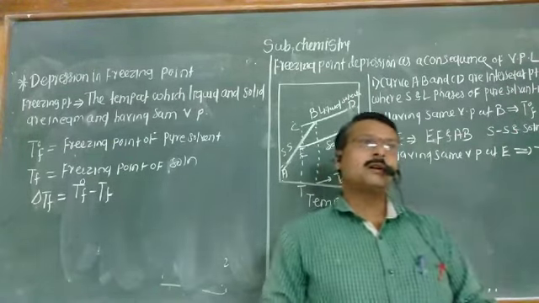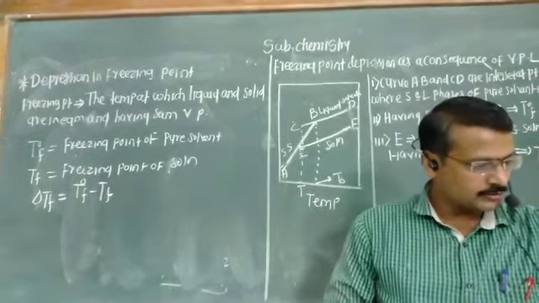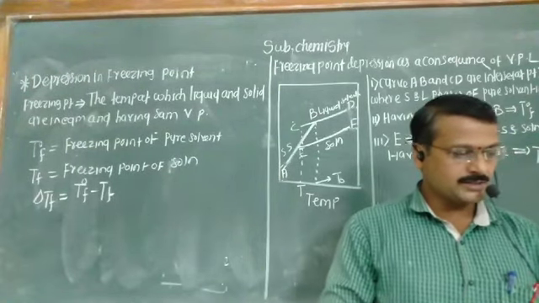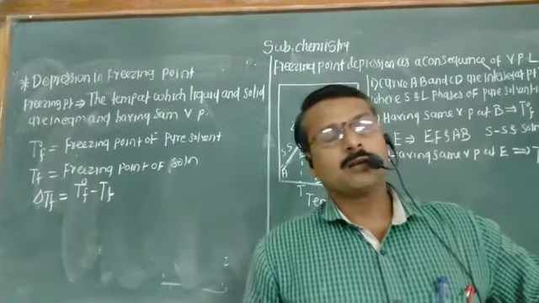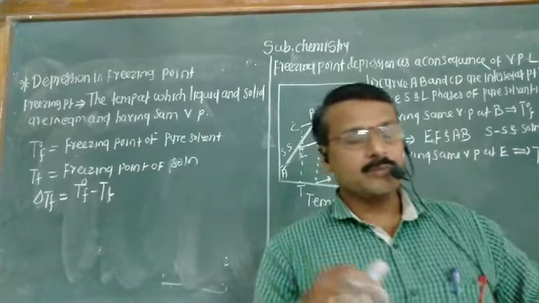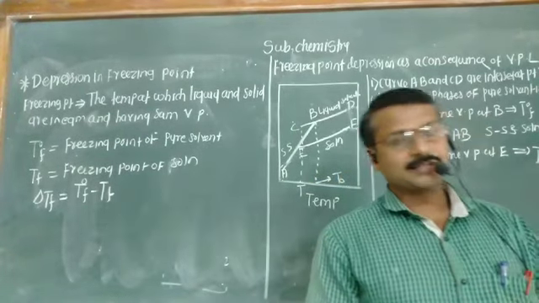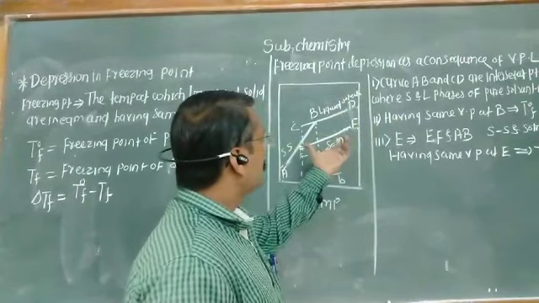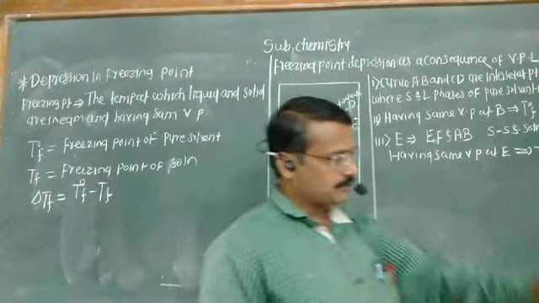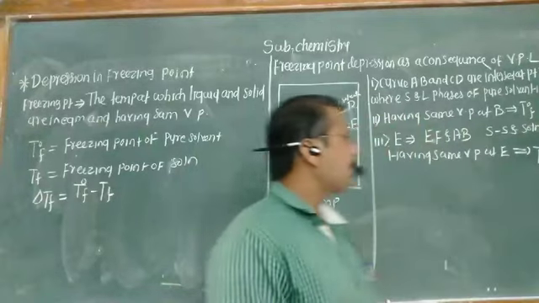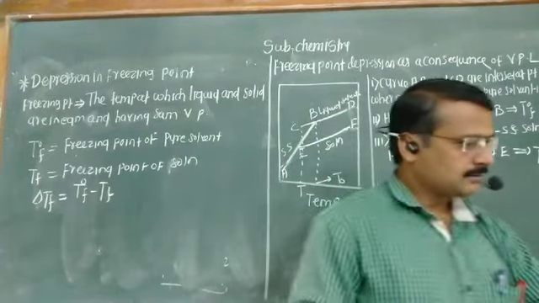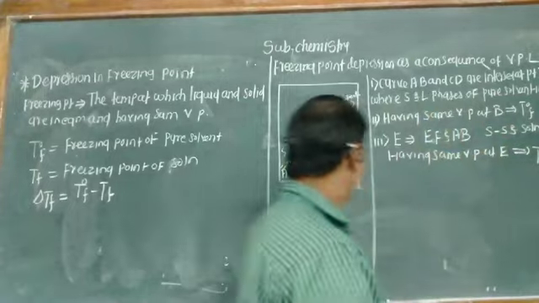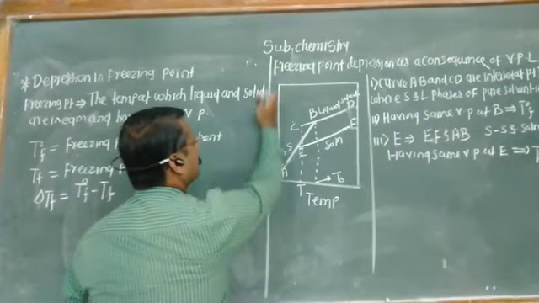With the addition of a non-volatile solute into the solvent, the freezing point of the solution decreases, and this can be understood by an important graph, that is the consequence of the vapor pressure. So when we plot the graph, here is the temperature and here is the vapor pressure.